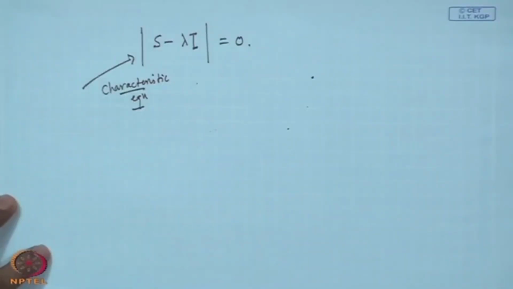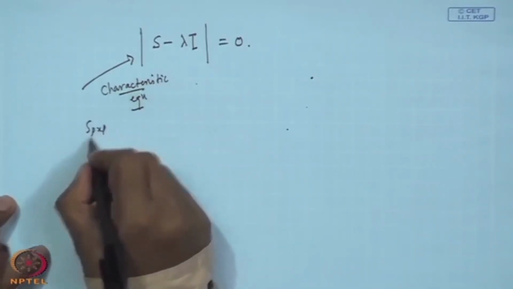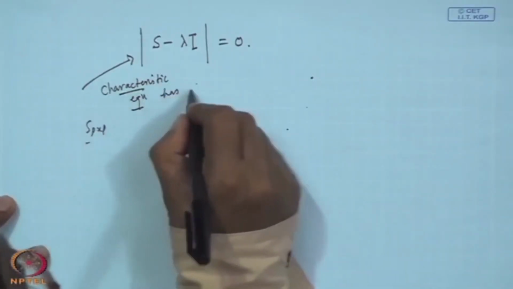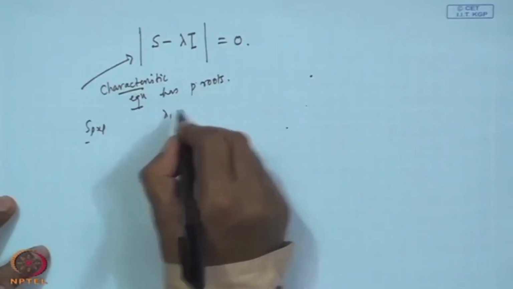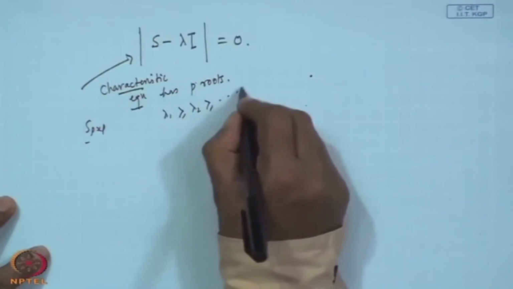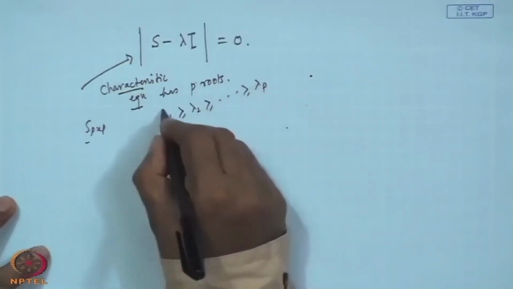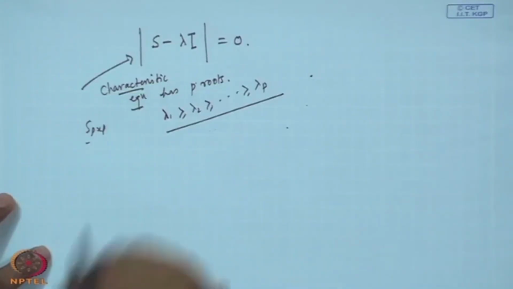Getting me? So, if S is P cross P, then this equation has P roots. That means you will be getting lambda 1 greater than or equal to lambda 2, and so on, down to lambda P. Okay.